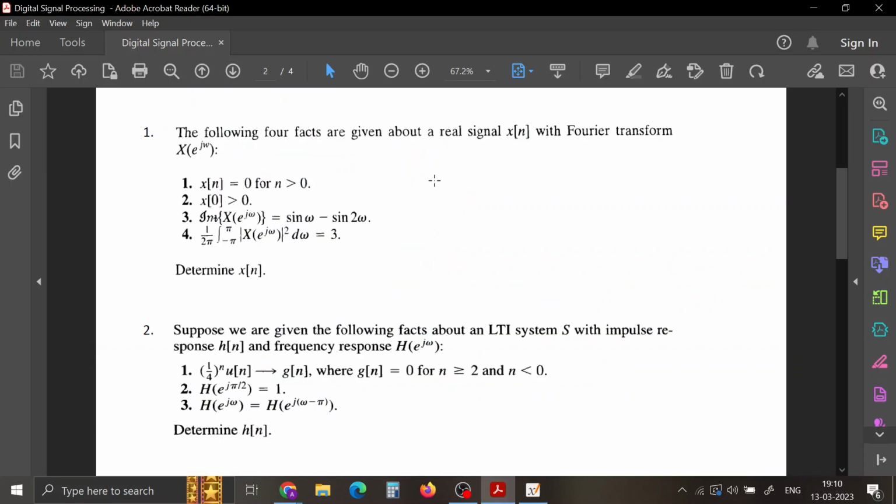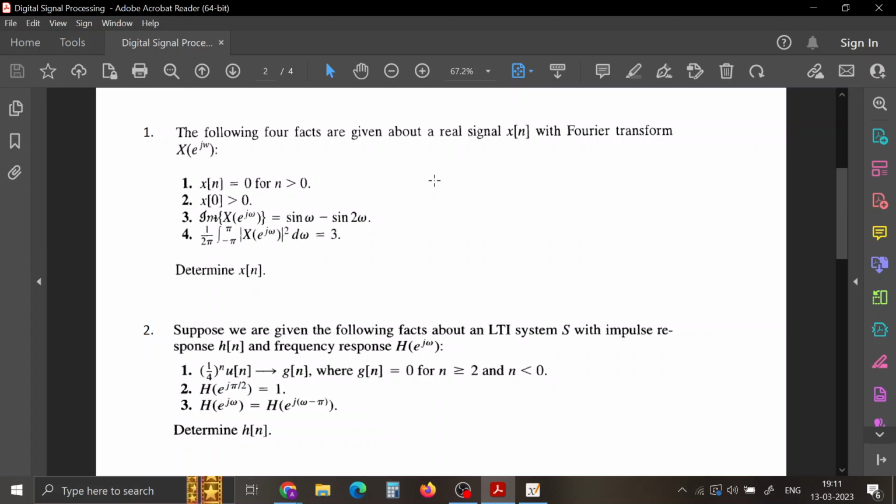Now for question 2. Okay, let's read the question. So we have an LTI system S, and it has an impulse response small h of n, and of course a frequency response capital H of e power j omega, and we have been given these 3 conditions.